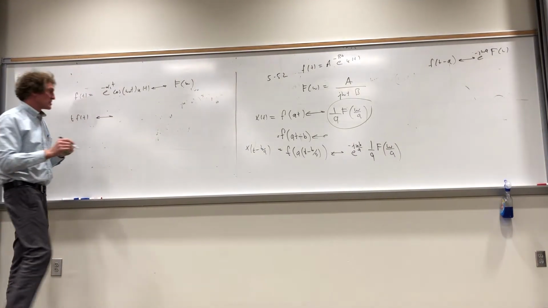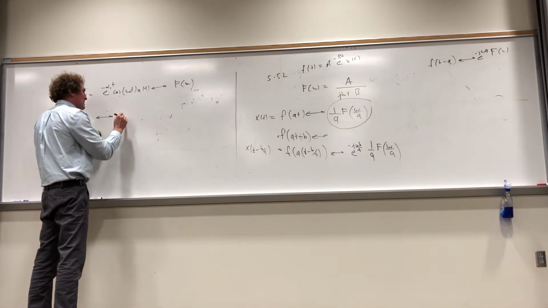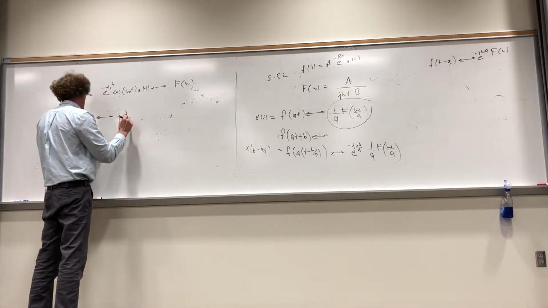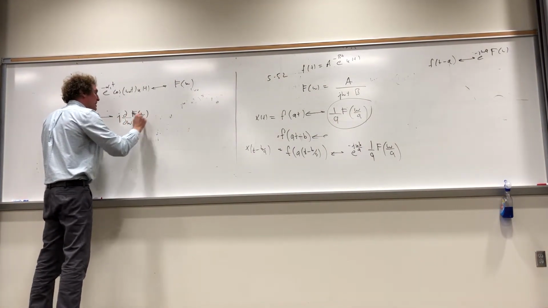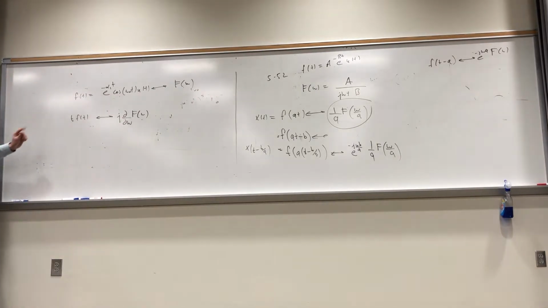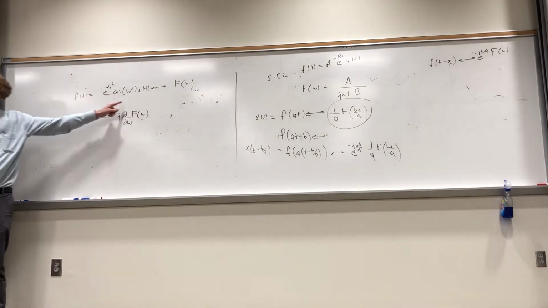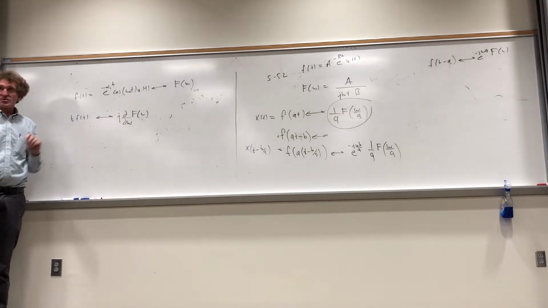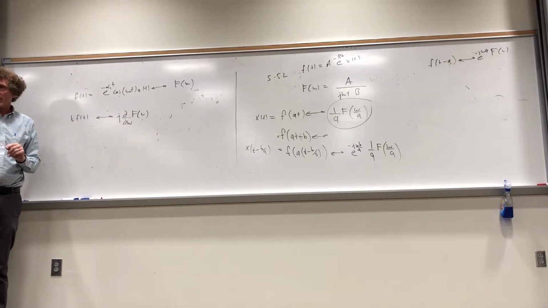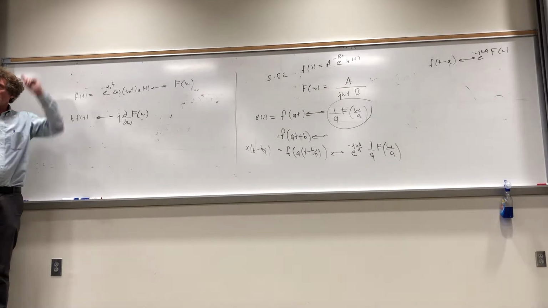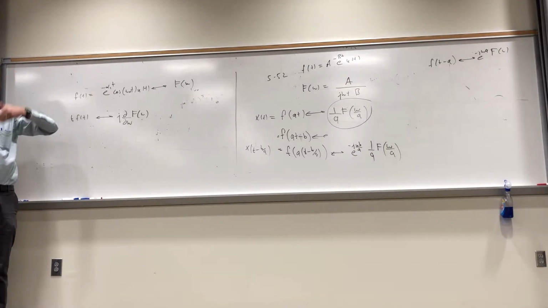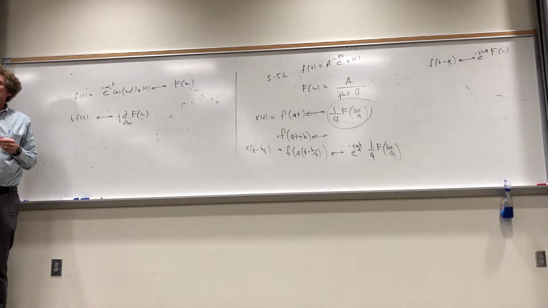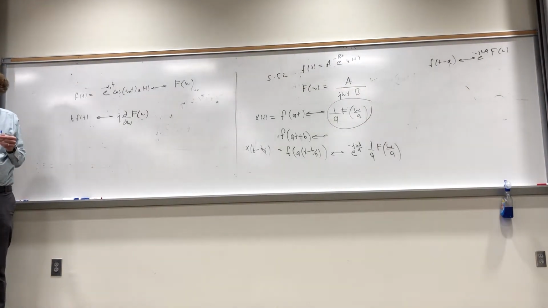It's not a minus j, it's just j times the derivative with respect to omega of F of omega. All right? Multiplication by time, times f of t, is derivative with respect to omega, and there's a j there too. We've proved that one. We can prove it again. How many remember that? At least with Laplace, you remember you bring out that minus and take the derivative with respect to s of F of s, class? With me? All right, that's one.